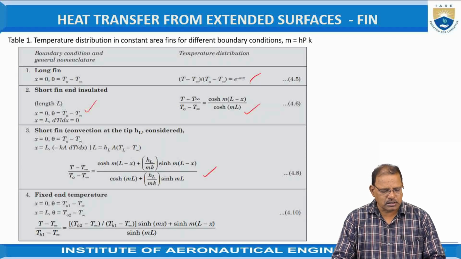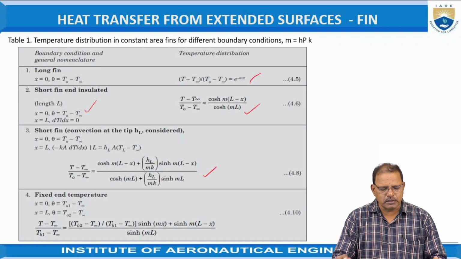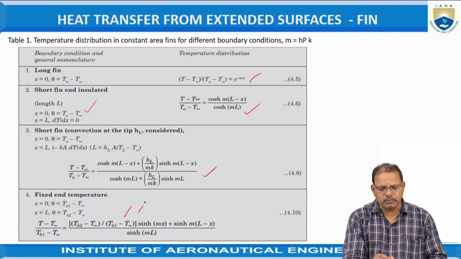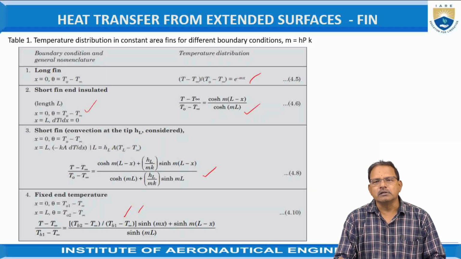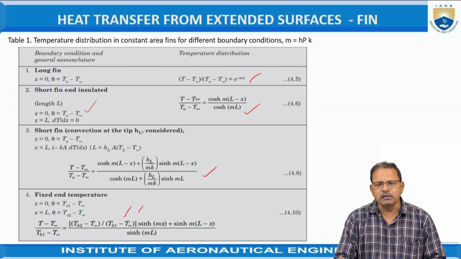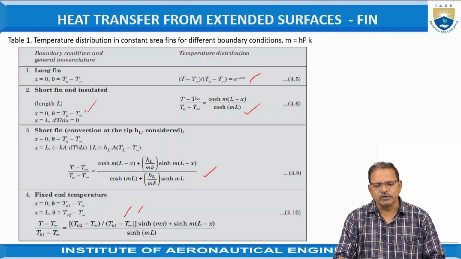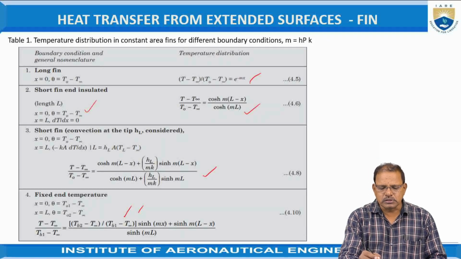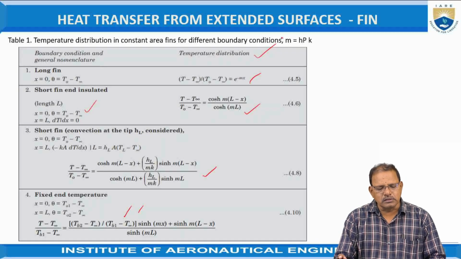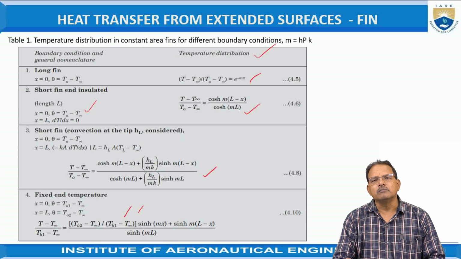So (T minus T∞) divided by (T_b1 minus T∞) is equal to [(T_b2 minus T∞) divided by (T_b1 minus T∞) multiplied by sinh mx plus sinh m(L minus x)] divided by sinh mL. These are the boundary conditions and the temperature distributions. The C1 and C2 values can be evaluated by using these four boundary conditions.